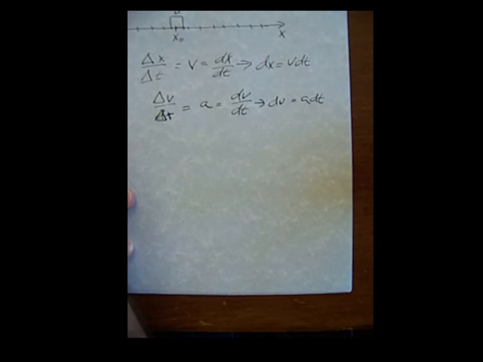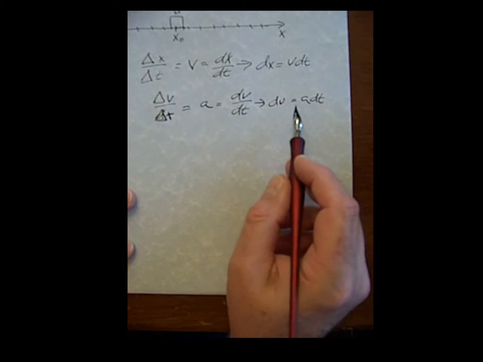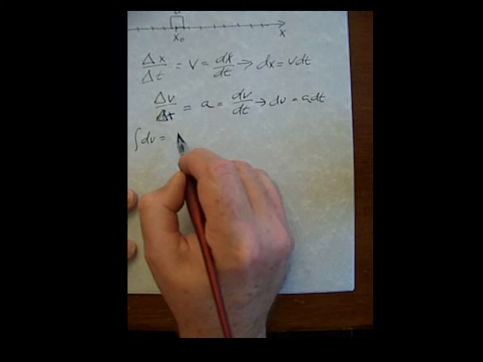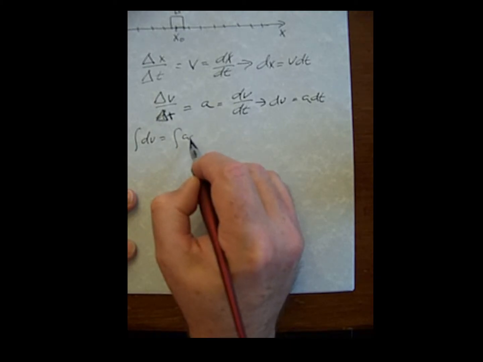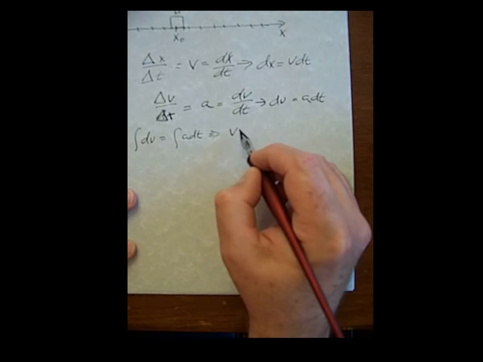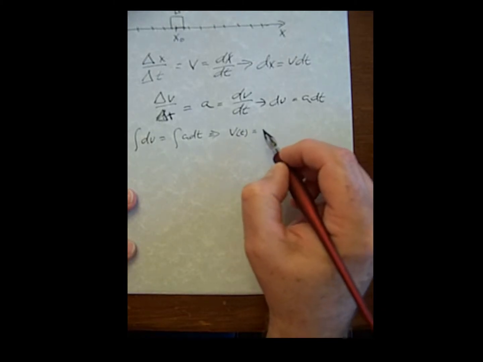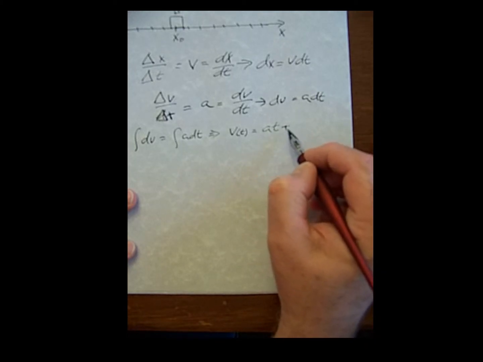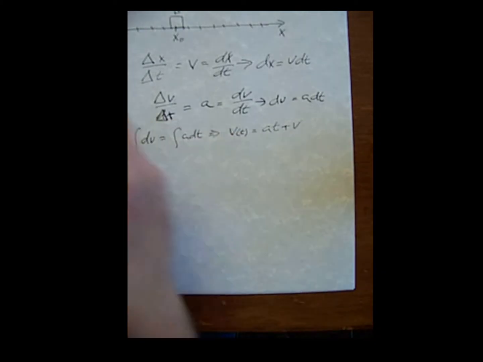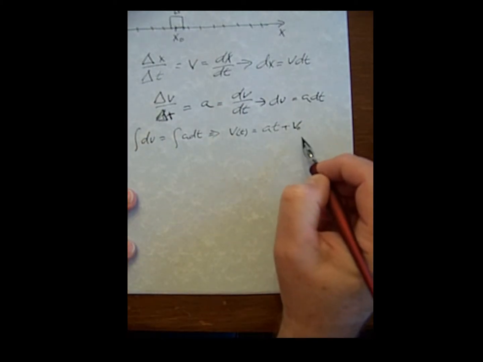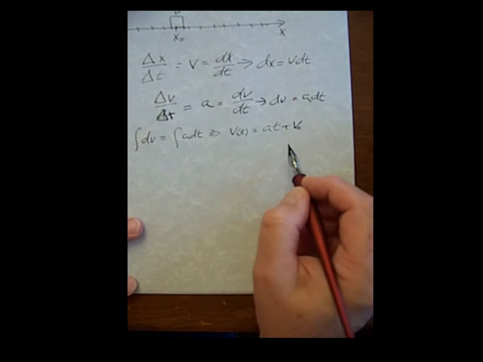So starting with this equation here and integrating, we have the integral of dv equals the integral of a dt, from whence we get v as a function of t equals at plus some constant, which we call the initial velocity, v0.